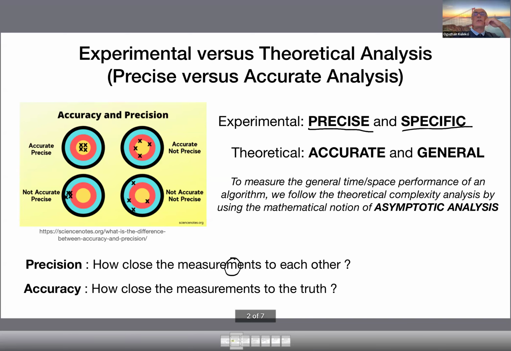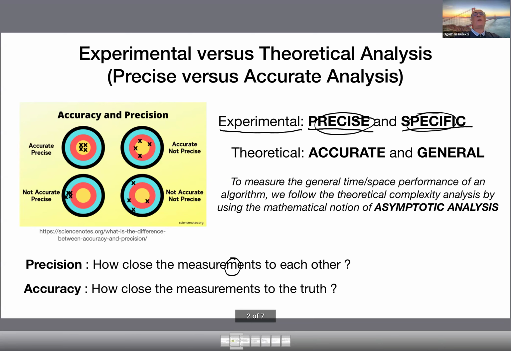And it's also specific to the input you provided. Maybe I provide an input that's cherry-picked and it will favor my algorithm. I don't know the general result. So for the experimental measurement of efficiency, we can say that it's very precise, but it is specific.